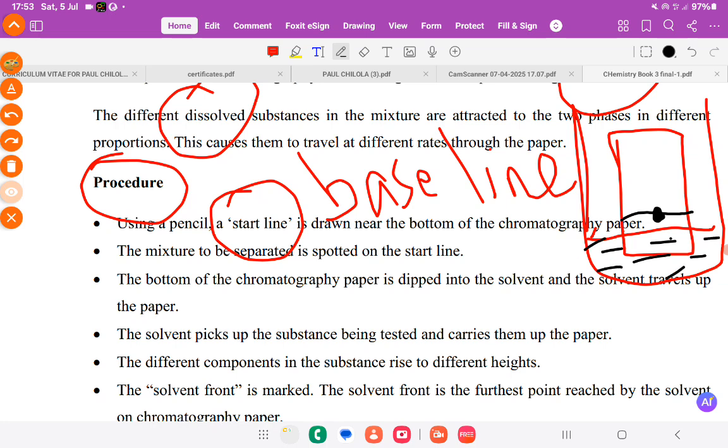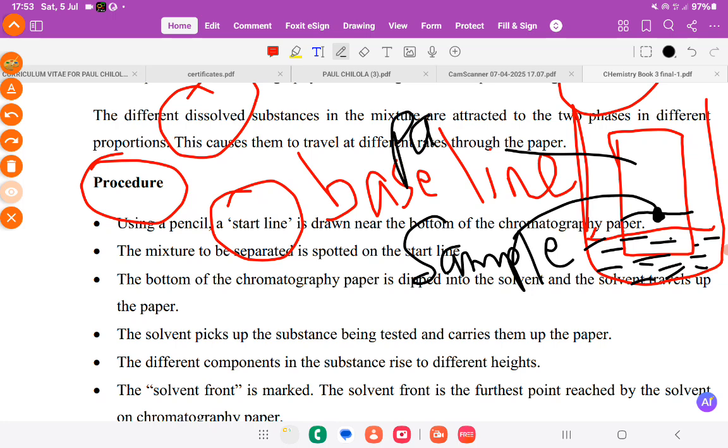The solvent used is chosen depending on the solubility of the substance. So remember, this is the sample, the one that we suspect to be a mixture of several different colors. This one here is the chromatograph paper.